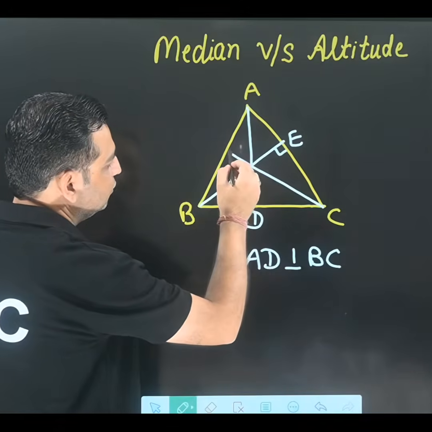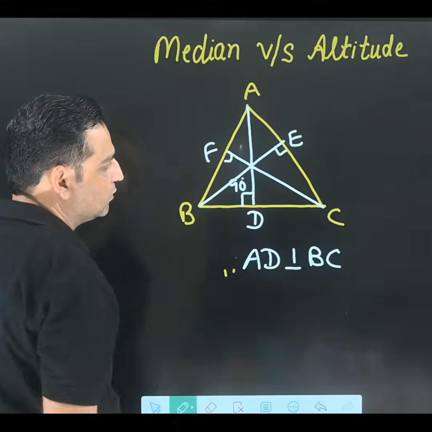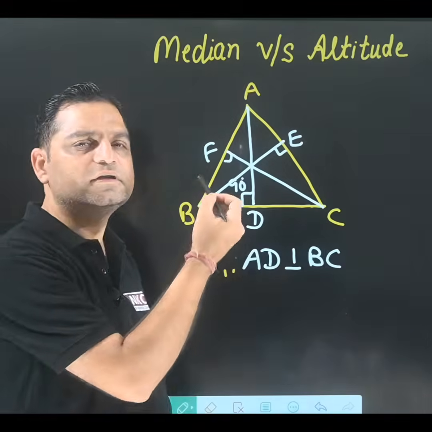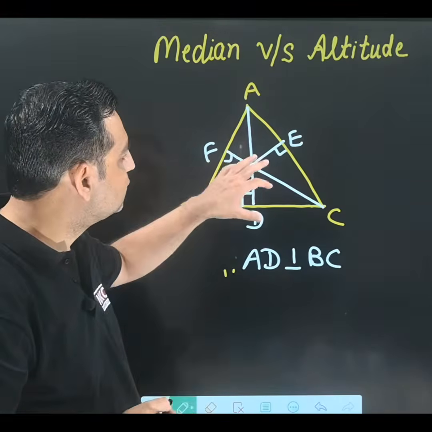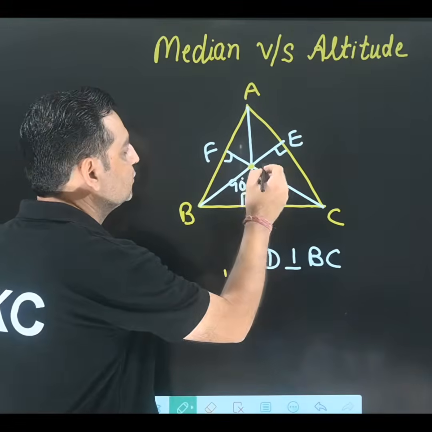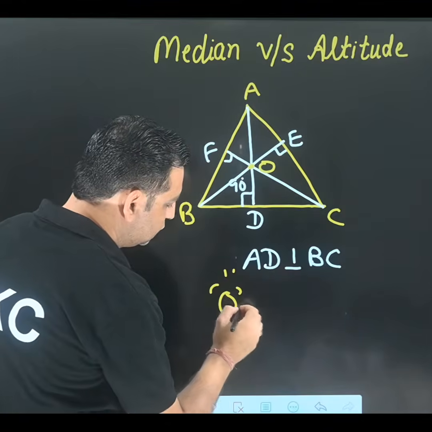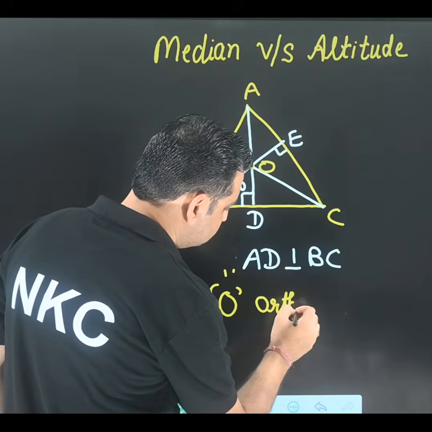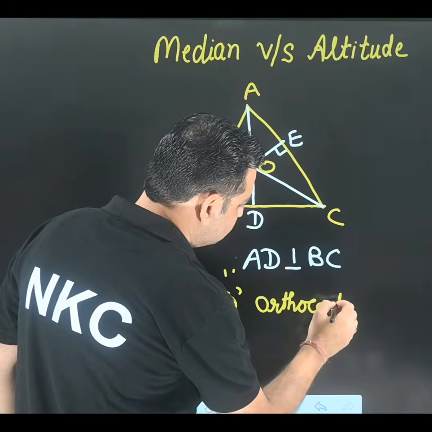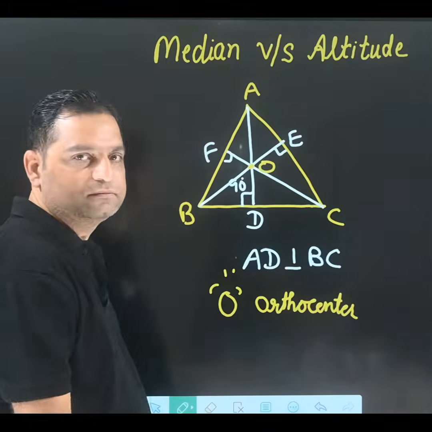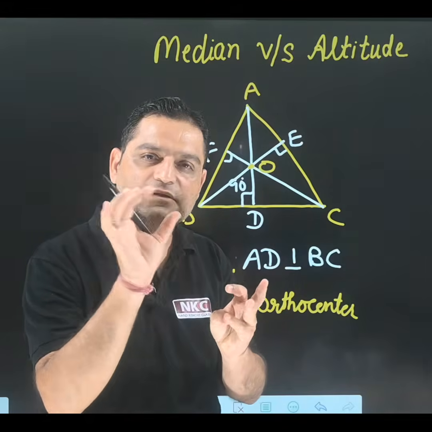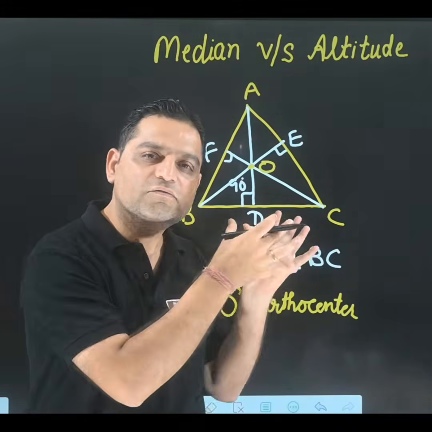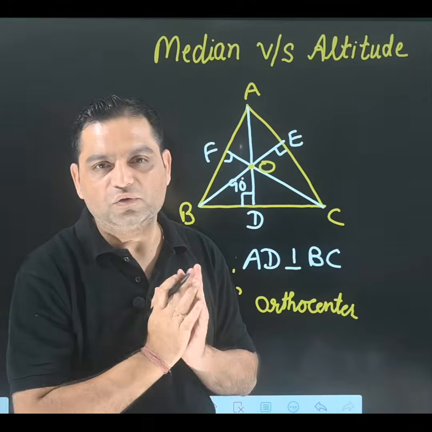From point C also, a perpendicular can be drawn. See, three perpendiculars are there, means three altitudes are there. And the point where these three altitudes meet, do remember, this point is known as the orthocenter. So as of now, we have studied that where medians meet, that point is the centroid. Where altitudes meet, that point is the orthocenter.